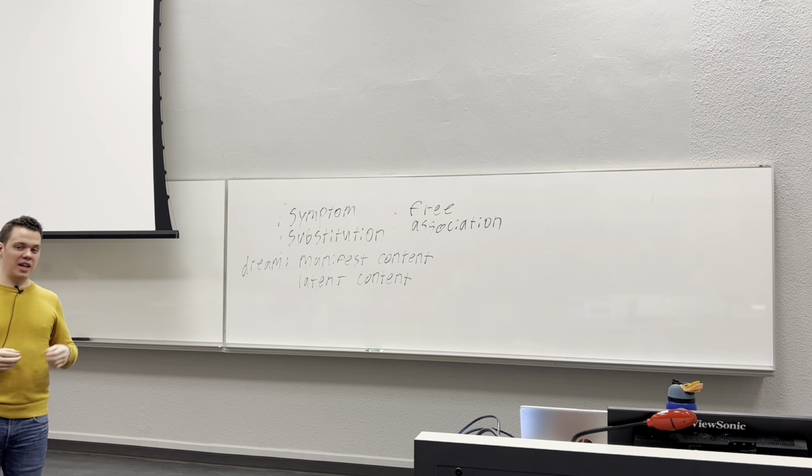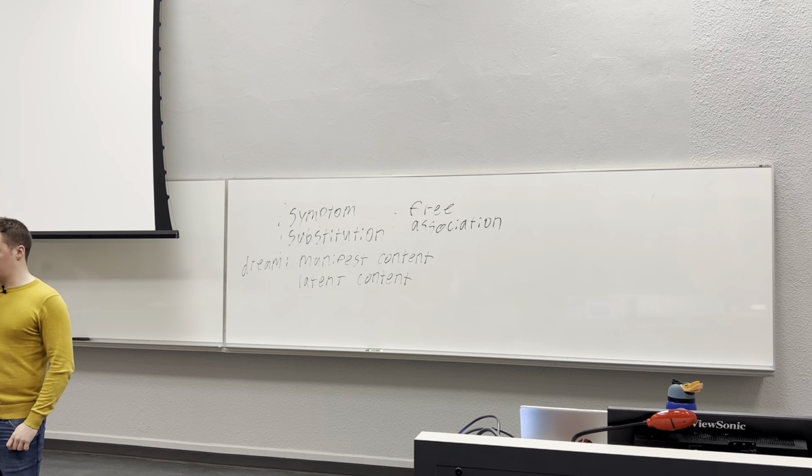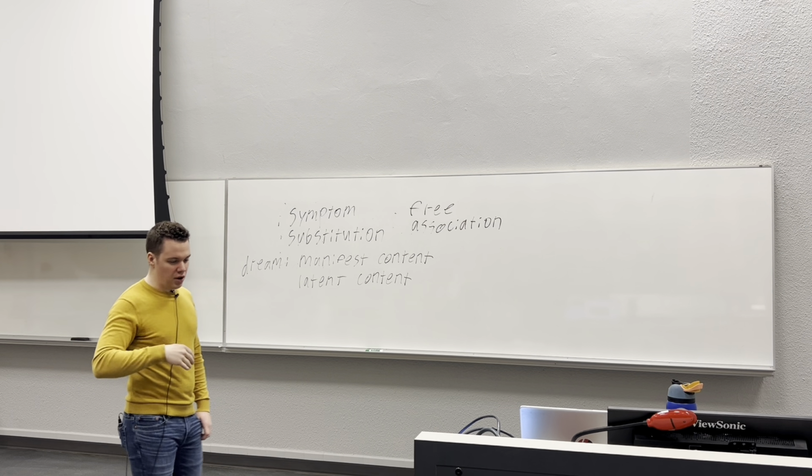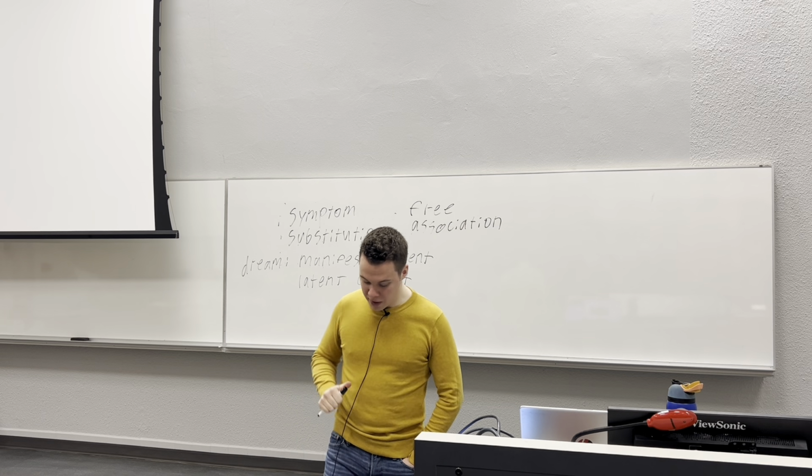The latent content is the hidden symbolic meaning. It represents whatever repressed sexual desires, conflicts between you and your parents you don't want to acknowledge, whatever. And it's up to the analyst to infer what the hidden symbolic meaning is. There are manuals for doing this. I'm not an expert on it, but that's how dream analysis works.